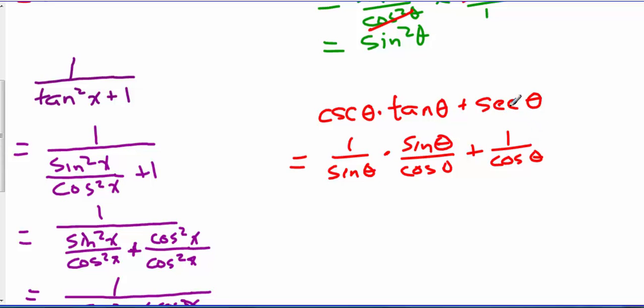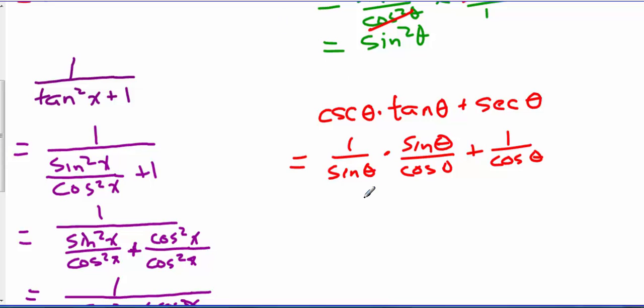And for the most part, people won't maybe like that initially. But where we're leading to, we want to have kind of a standard of using sines and coses whenever possible. Eventually, I'm going to be looking to make this equal to a very specific simplified expression, not just a simplified expression. And if I sort of have a standard of always using sines and coses, that will be a nice way to go.